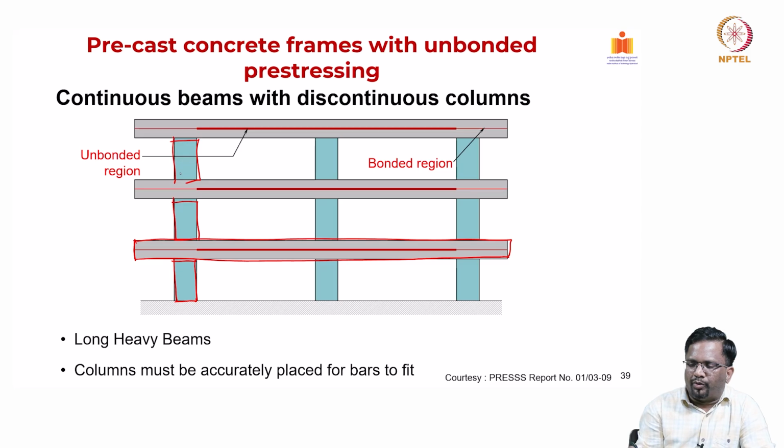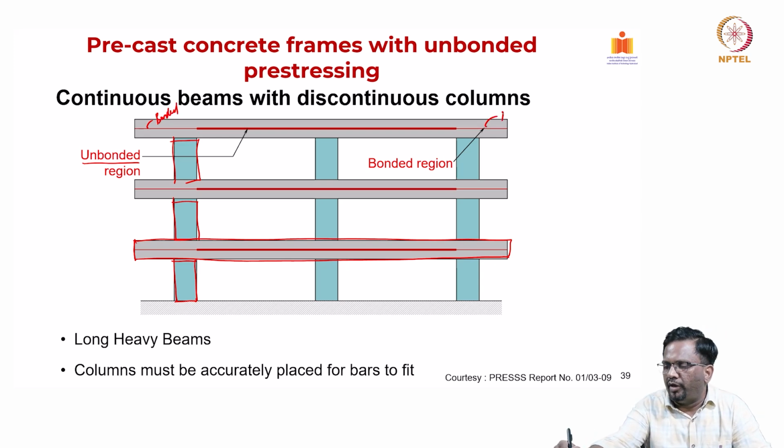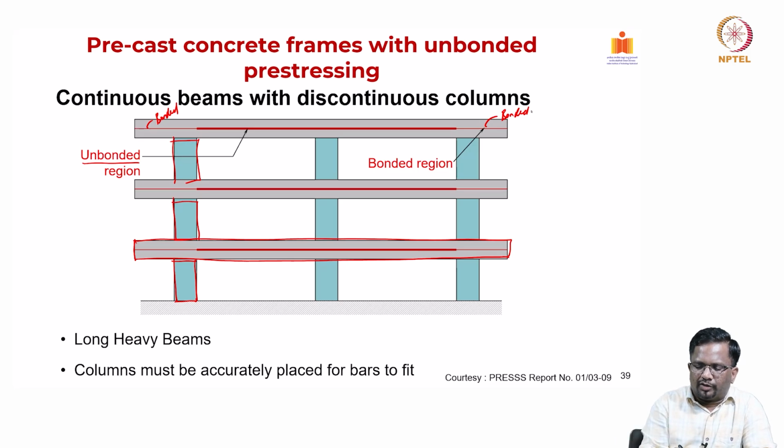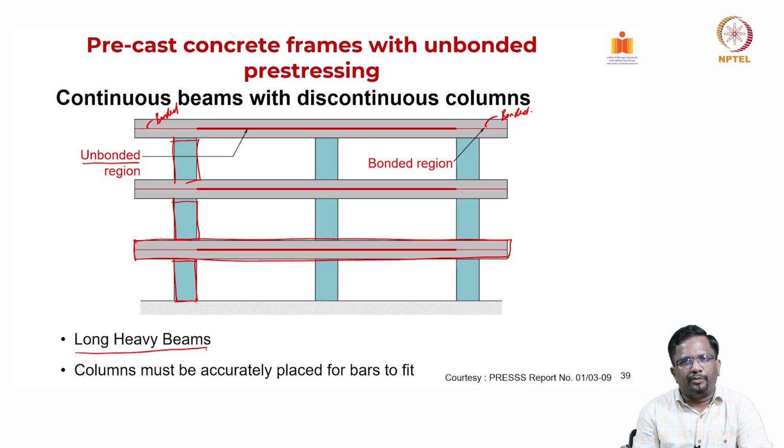With this approach, when we go for this continuous beam system, typically what we will do is try to use an unbonded tendon, and then only at the ends we bond it. If I have to adopt this system, I usually end up with long heavy beams, and here columns must be accurately placed for bars to fit, because I want to have continuity of the bars going through.